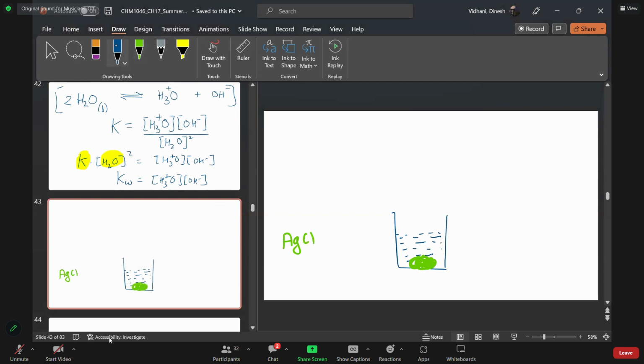Now, when you test just the water, not the solid at the bottom, the analysis will show positive results for Ag plus and Cl minus ions. But then where did they come from? I can see silver chloride lying at the bottom. So where did they actually come from, number one, and how much of them is there in the water, number two?